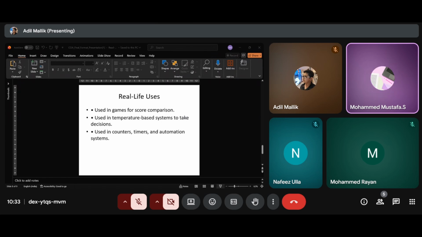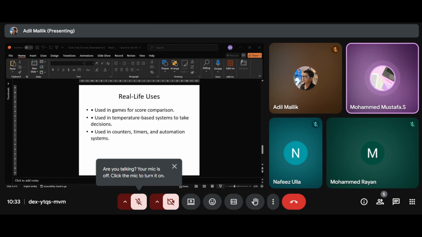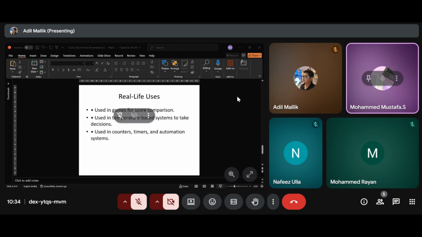To conclude, it shows how the 8051 uses simple yet powerful concepts, sign checking, increment and decrement, to make intelligent decisions and control repetitive actions.